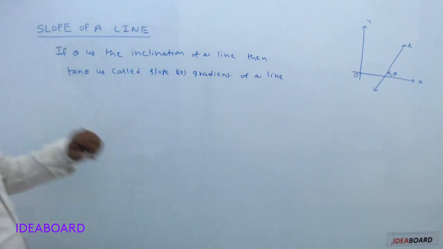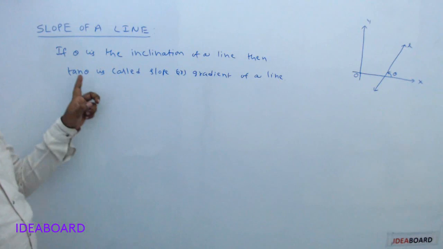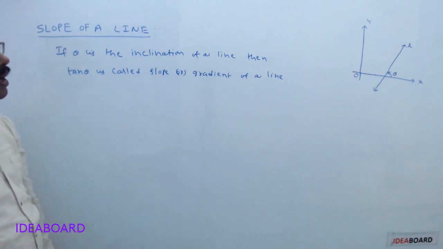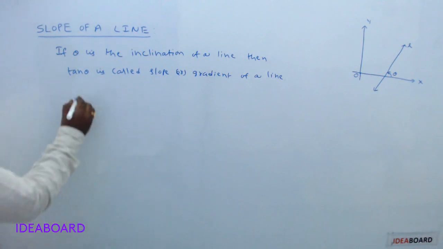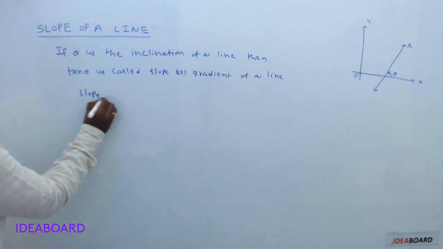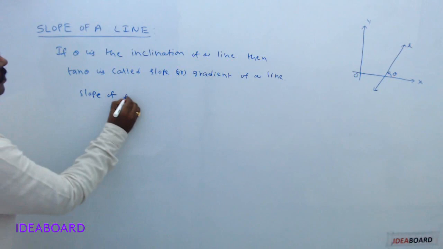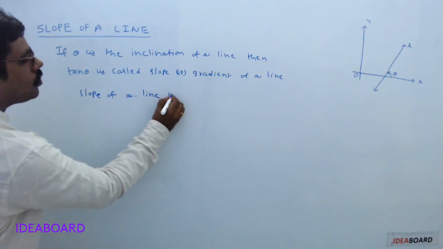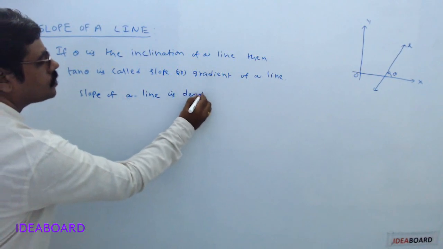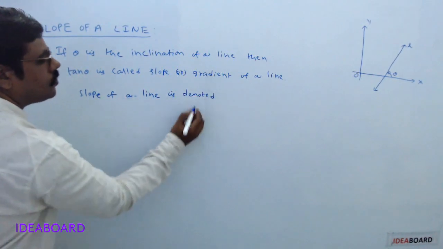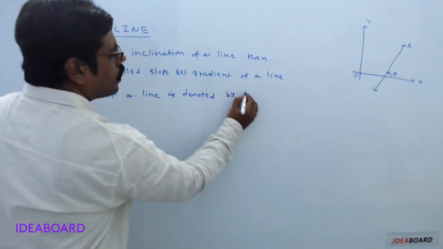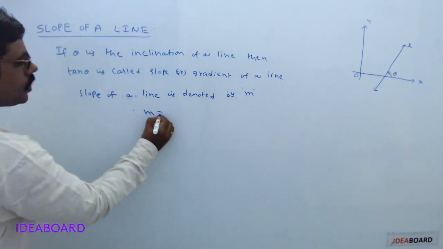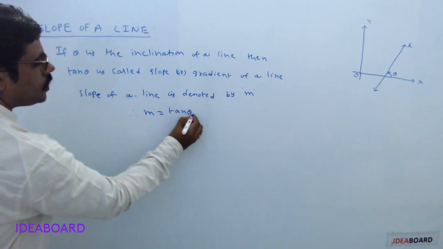Now, slope of a line is denoted with a letter small m. So, therefore, m equals tan theta.